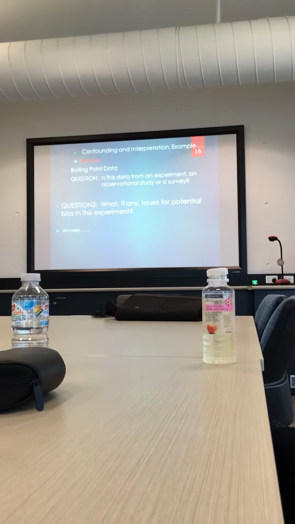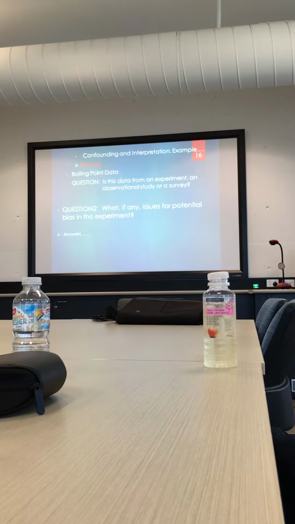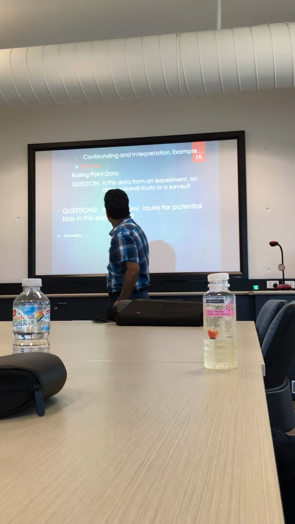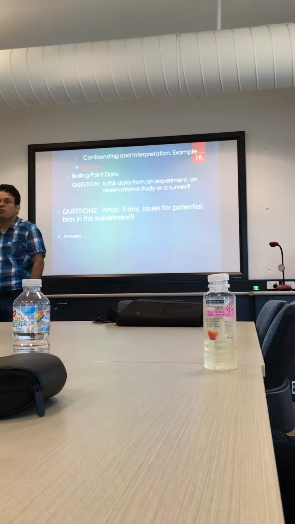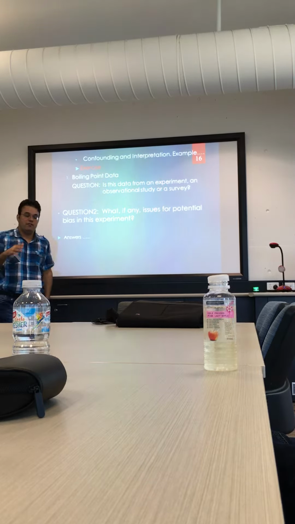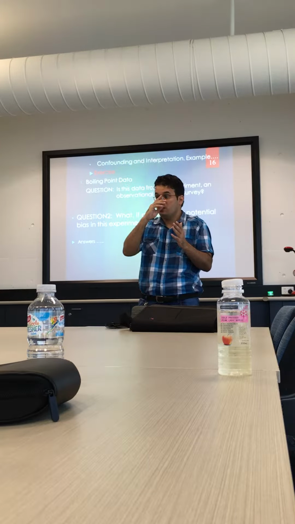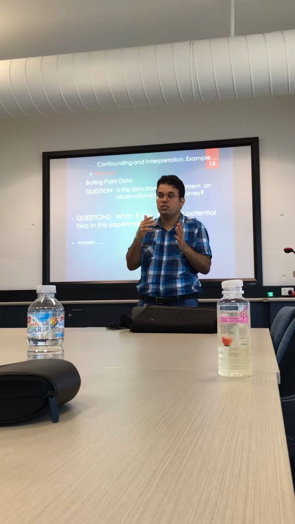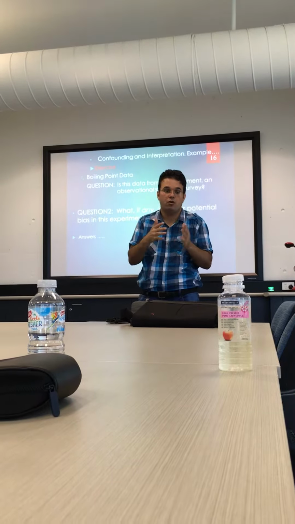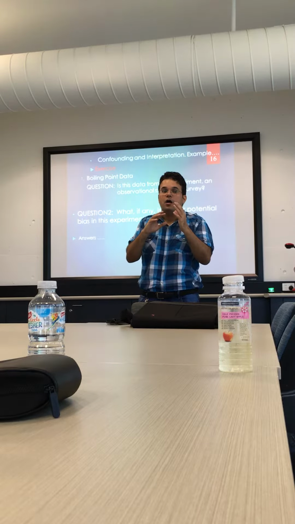Okay, we have another issue, confounding and interpretation. I will give an example of confounding. Say I have a drug medicine, and I want patients to try this medicine. Okay, you mean a clinical trial?